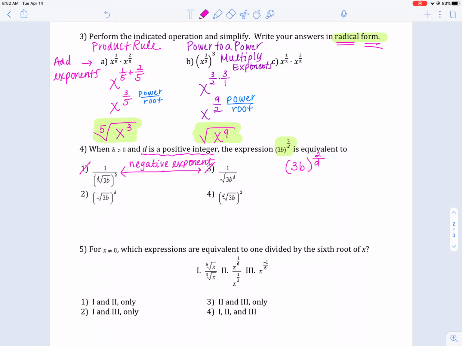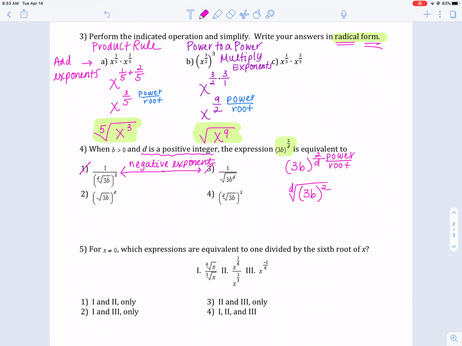Now remember, your 2 is your power and your D is your root. So write it. It's the D root. Sounds weird. Now, very important. Take your whole thing, 3B, that whole thing is being raised to the second power. Now, you don't see that answer there, do you?